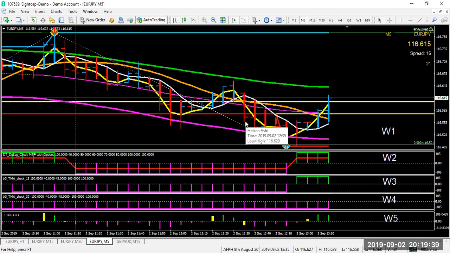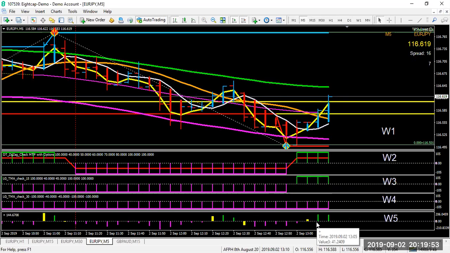Okay, so knowing how our attention span can be all over the place sometimes, and we're easily distracted, the template attempts to provide some sort of an alert to bring your attention back to the chart. Okay, so it has the additional benefit of making a sound and giving you a pop-up.